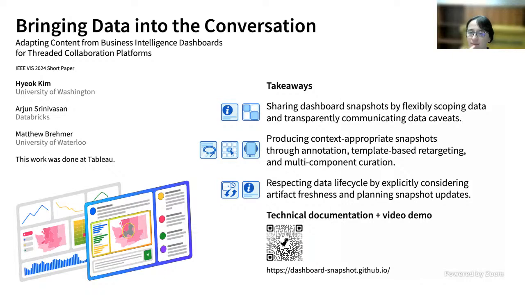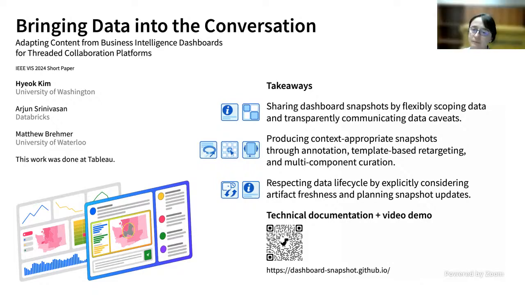So yeah, for example, given a Tableau dashboard or Power BI dashboard, they are not so easy to read or see in a collaboration platform. Like when you send messages on Slack and a dashboard just pops up in your conversation channel, sometimes it is too complicated to look at. So in that case, you want to reformat it so that you can share only the part that you want to communicate to other people in your team.